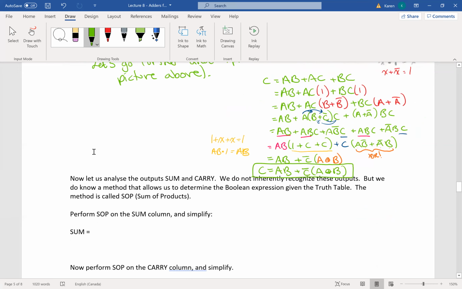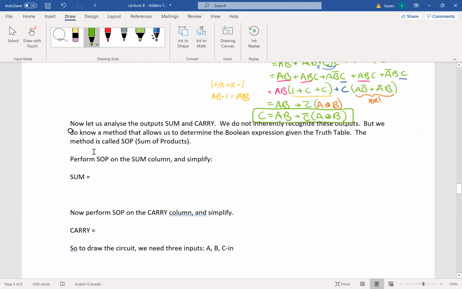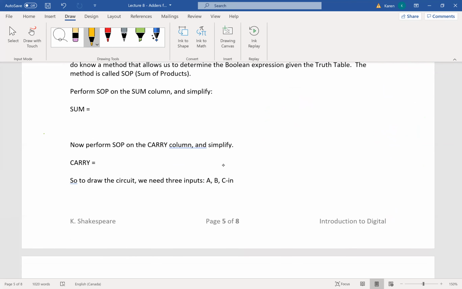Let's put those expressions here. The sum expression was A exclusive OR B, exclusive OR C that we developed above from the sum of products method.